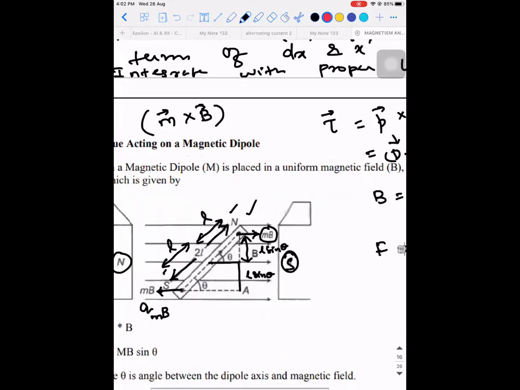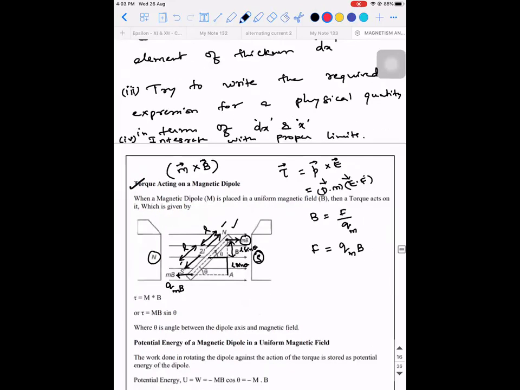What is the formula for torque? Torque is equal to R vector cross F vector, or you can define it as force into perpendicular distance. The force acting is Qm into B, and the perpendicular distance is L sin theta. Similarly, the torque experienced by the south pole is Qm into B into L sin theta.